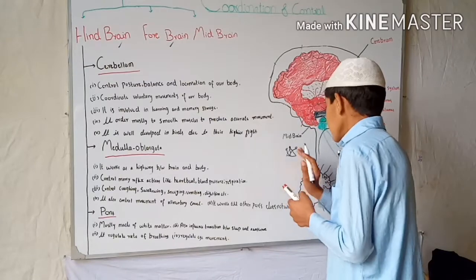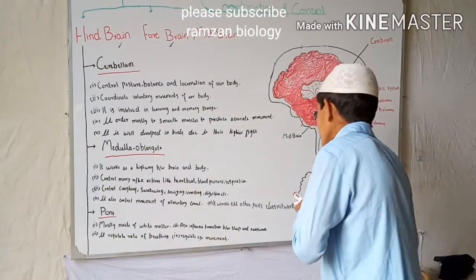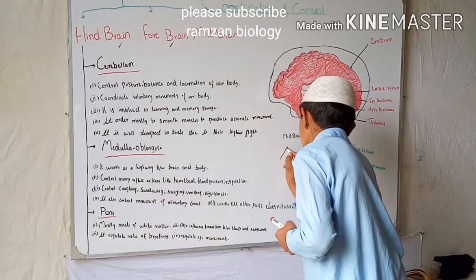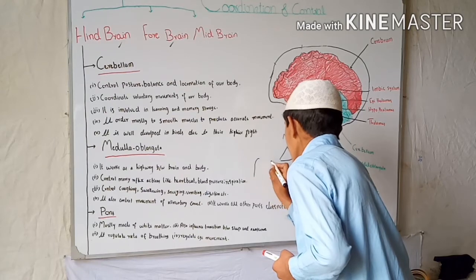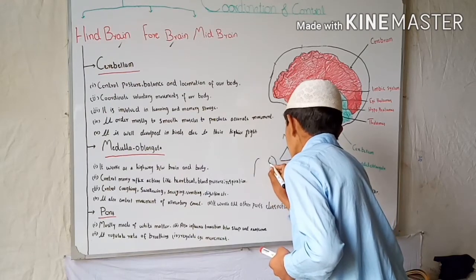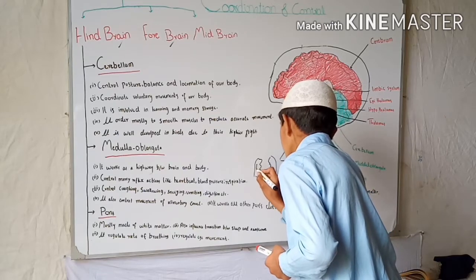So like, this is my pons, and these are my lungs. This is the rib cage.